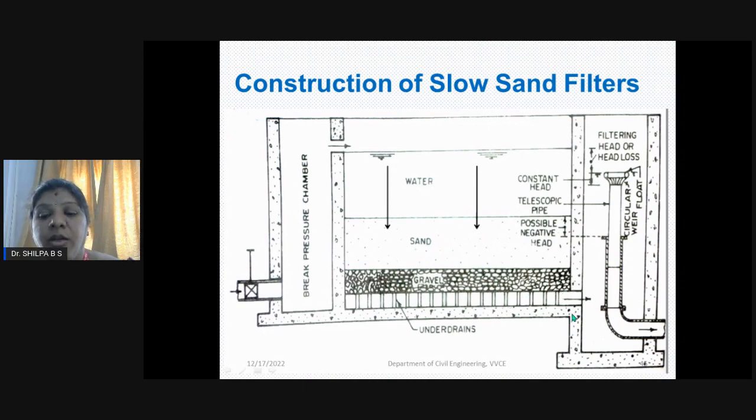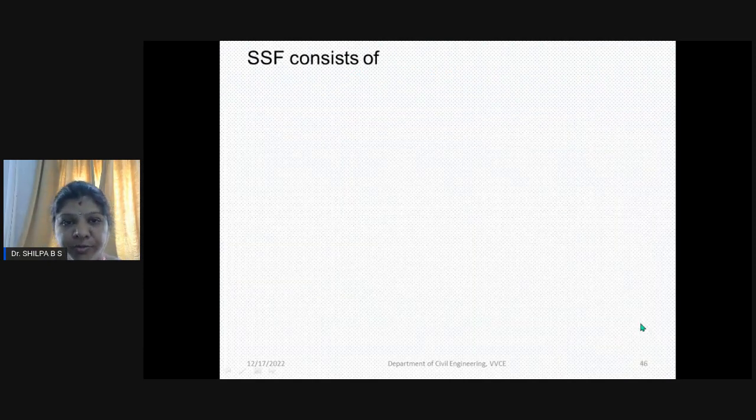The water that passes through the filter media and under drains gets collected in the outlet chamber, where there is a circular weir float. Depending on the quantity of water collected, the water will be taken out of the outlet chamber.